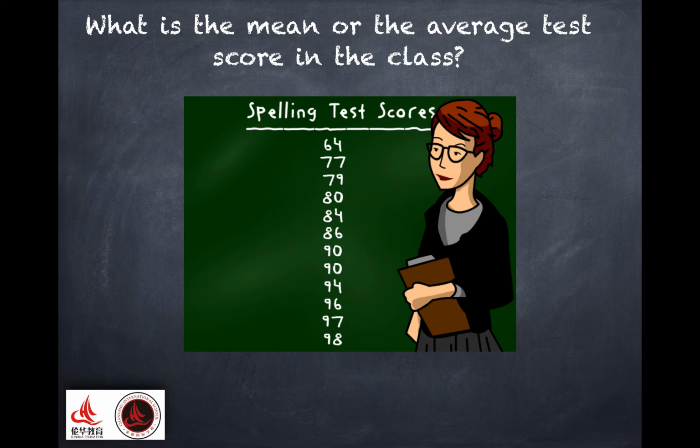So the total I got is 1,035. Now we need to calculate how many. 1, 2, 3, 4, 5, 6, 7, 8, 9, 10, 11, 12. And we divide it by 12. And my mean that I got is 86.25. So hopefully you all got something like that.